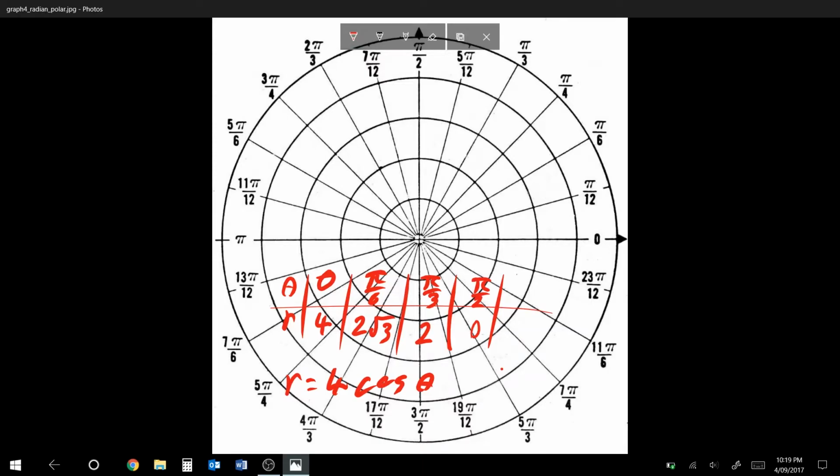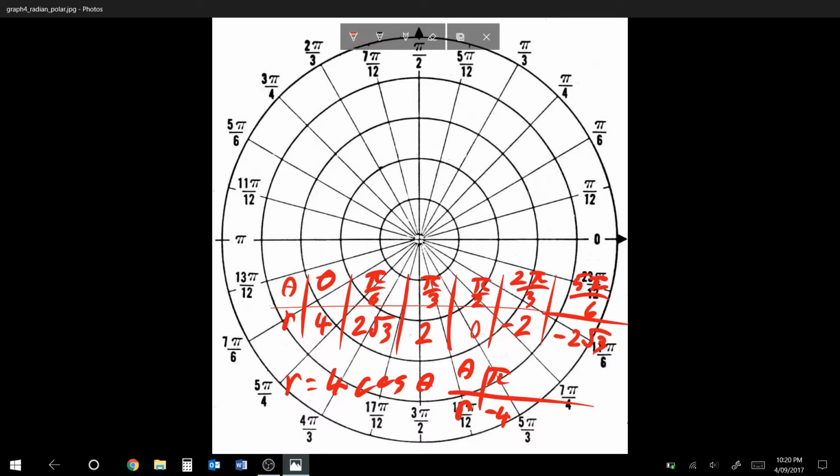And we have 2 pi over 3. And that's equal to negative 2. 5 pi over 6, which is negative 2 root 3. I'm going to continue our table down here. Pi, which will give us negative 4.